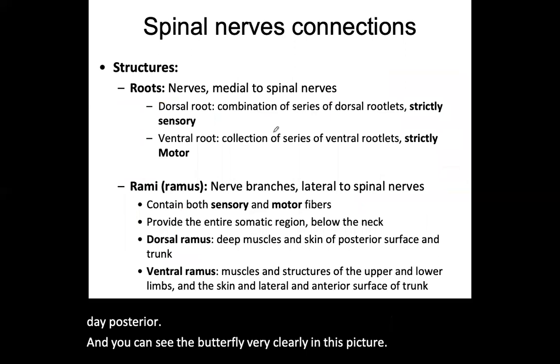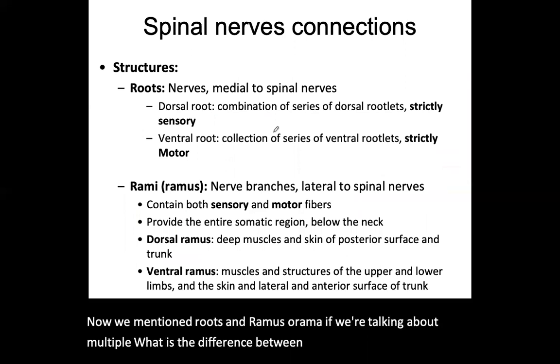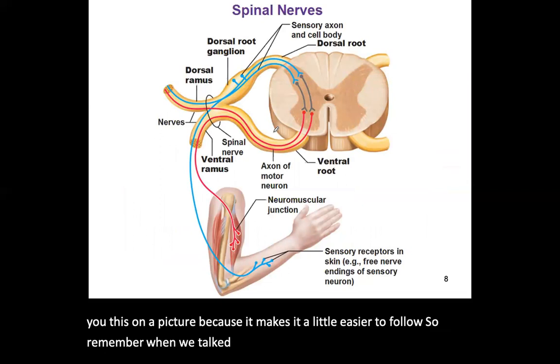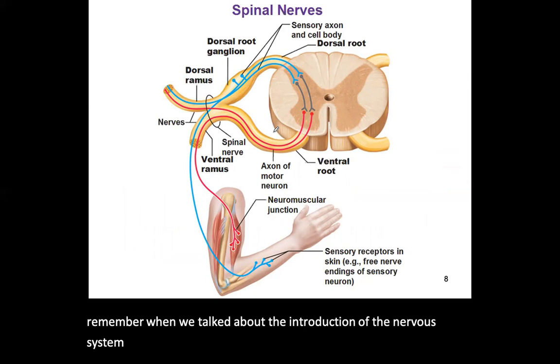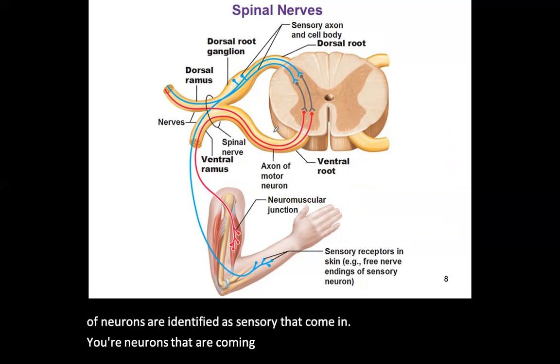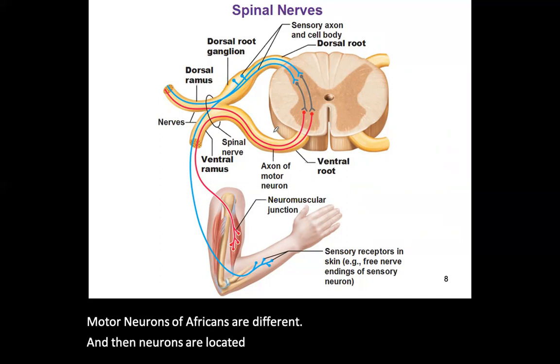Now, we mentioned roots and ramus, or rami if we're talking about multiple. So what is the difference between them? I'm going to show you this on a picture because it makes it easier to follow. Remember when we talked about the introduction of the nervous system, we said you have three functional classifications of neurons: sensory neurons that come in, neurons coming out of the central nervous system called motor neurons, or efferent, and the neurons located in between them called interneurons.